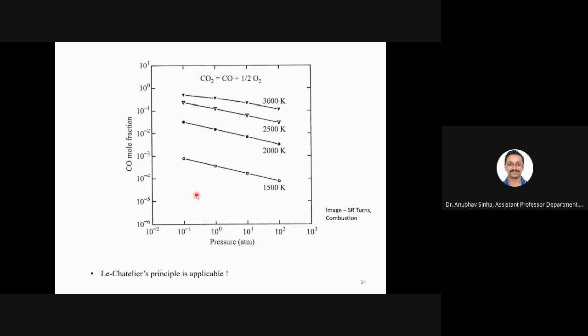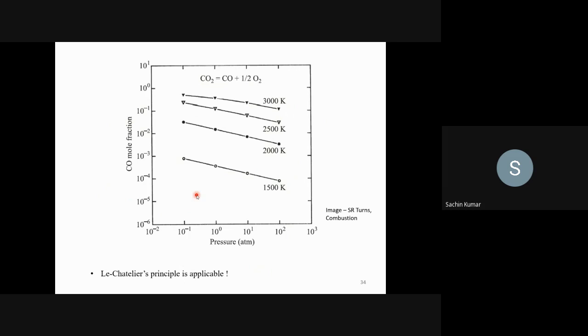Have you heard of Le Chatelier's principle? Can anyone tell me what that is? Sir, I was forgetting the term, but it was like we calculate just like the equilibrium constant.